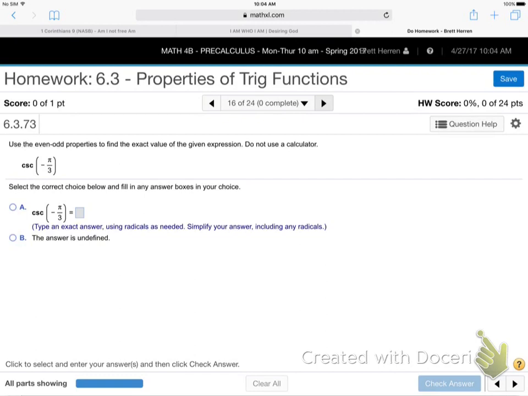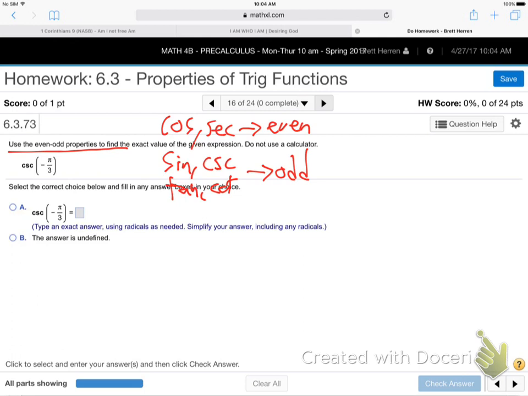So we're supposed to use the even odd properties. What does that mean? What did we learn last time? Cosine and its reciprocal secant are even, and sine, its reciprocal cosecant, and tan and its reciprocal cotan are odd. And what does even mean?